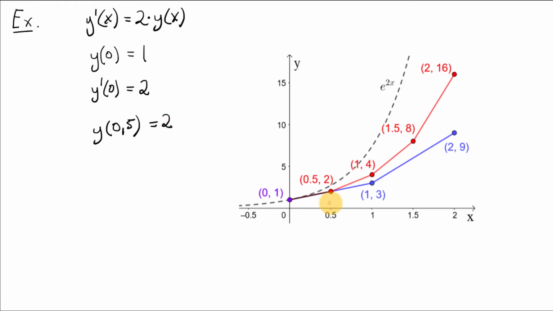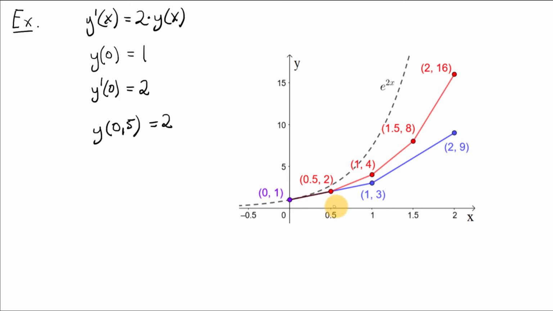And that's what we have drawn here instead. The red dot here is, if you go half a step from this point, you go 1 up, and then you end up at 2. And if you continue this way, going half steps, you would have ended up with this red graph instead. So this red graph here is an approximate solution if you go half steps.